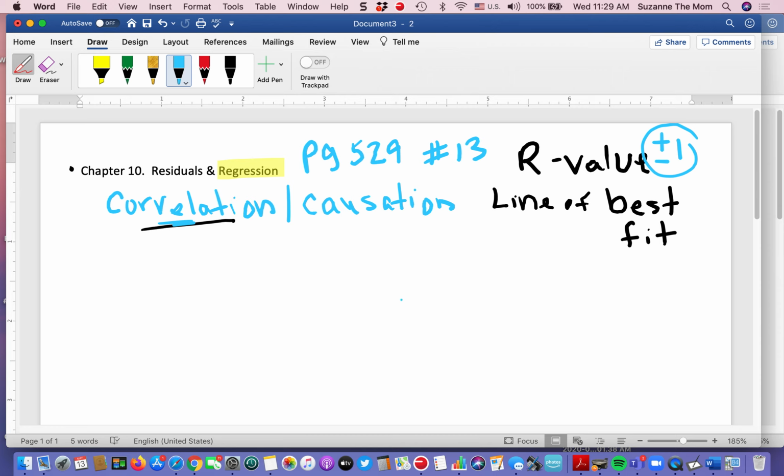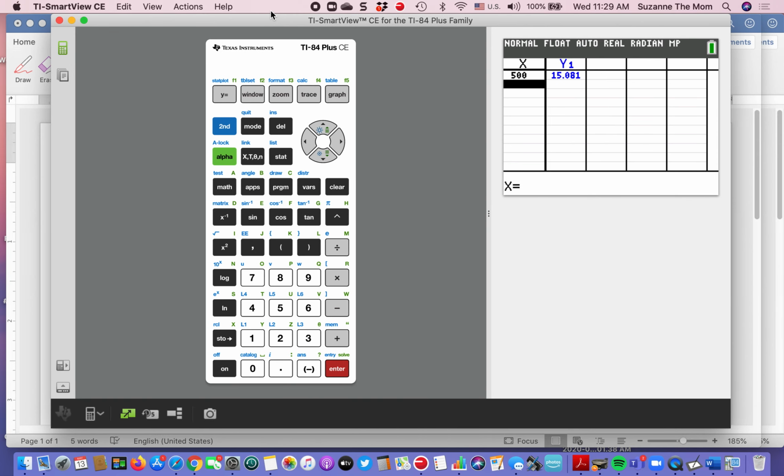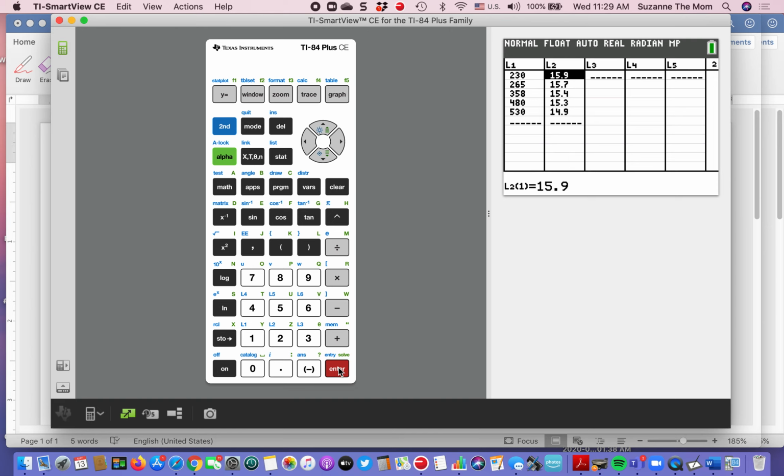Grab your calculators. I'm going to grab mine. And we're going to take our lemon imports and our crash fatalities and put them in our calculator. So we're going to go to Stat, then Enter.